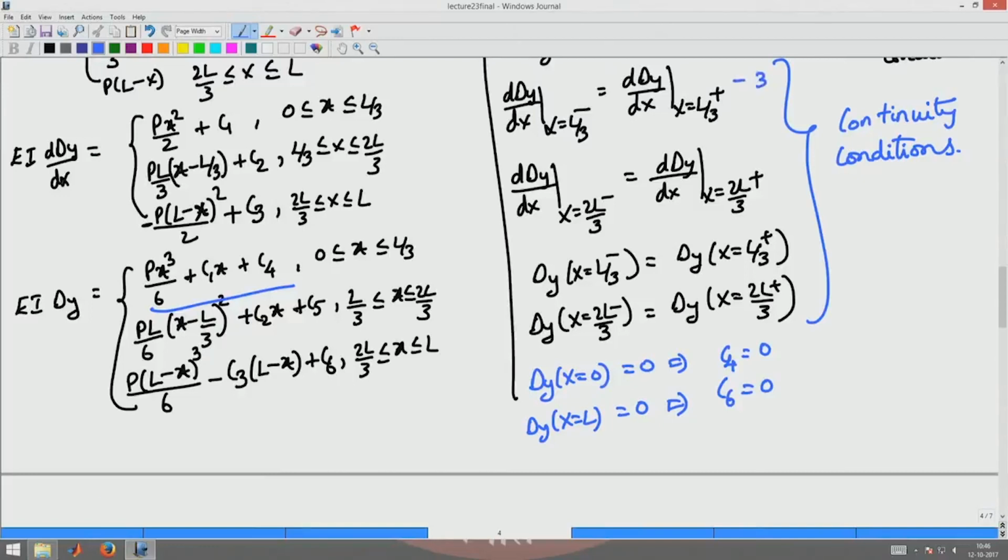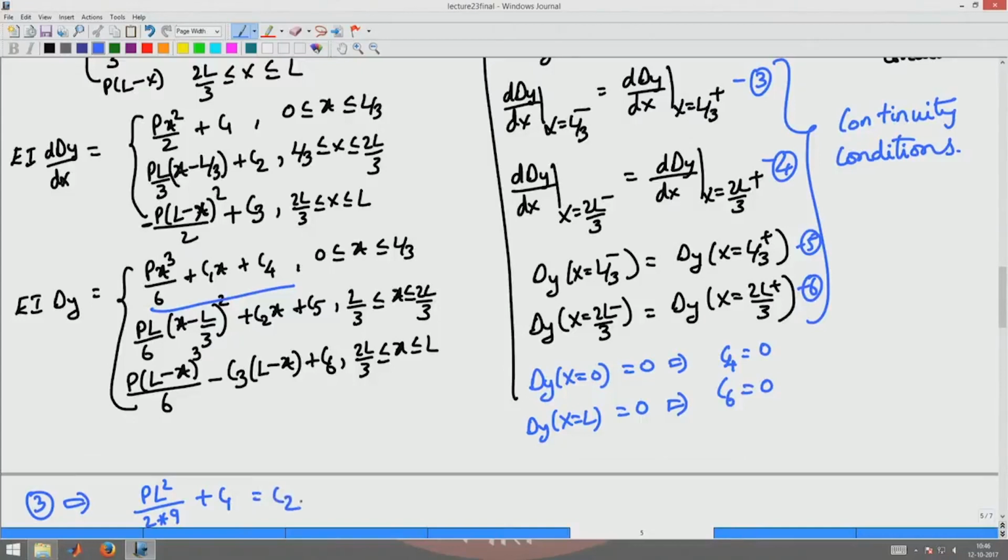Basically this is equation 3, say this is 4, this is 5 and this is 6. Equation 3 gives me P L square by 2 into 9 plus C1 must be equal to C2, because at x equal to L by 3 this term goes off, so that will be C2.